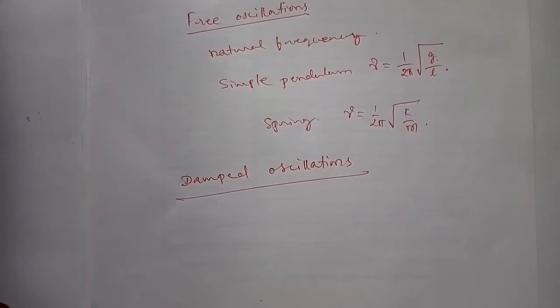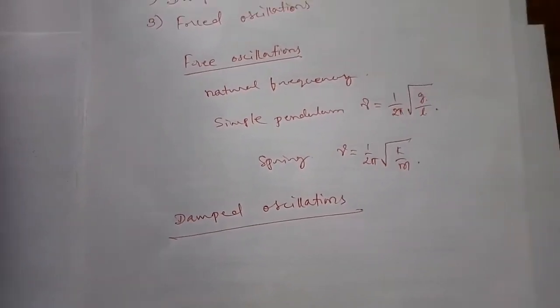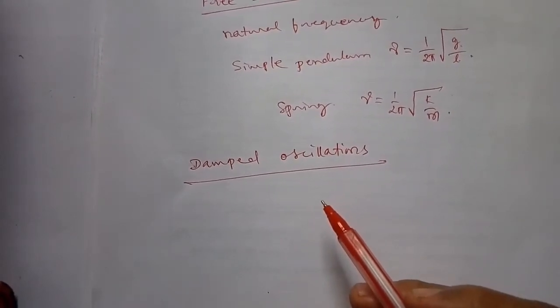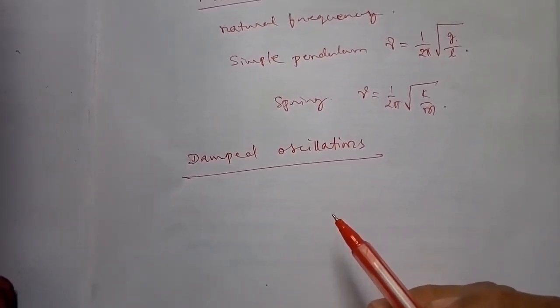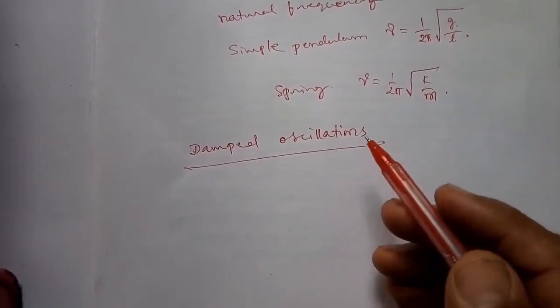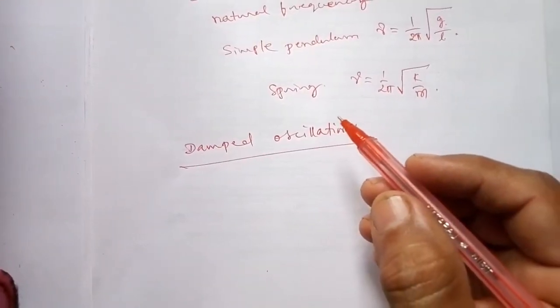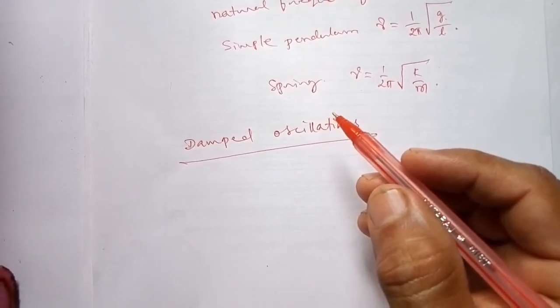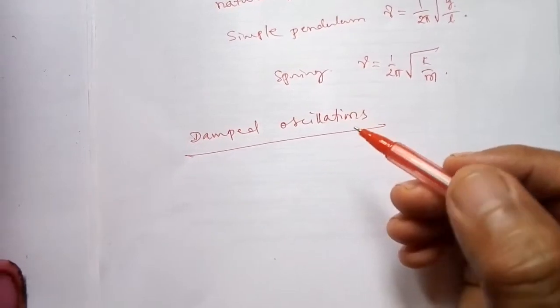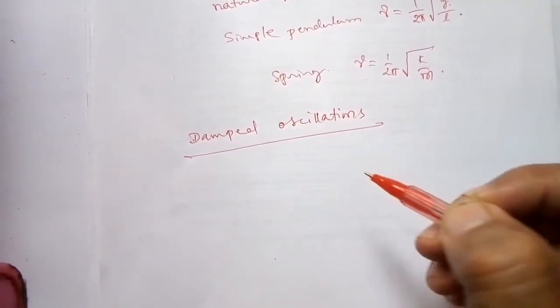As we just discussed, in an ideal case a body once set into oscillation will continue to oscillate between two spatial positions forever without any decrease in amplitude. In practice, the amplitude of oscillation of the body gradually decreases.